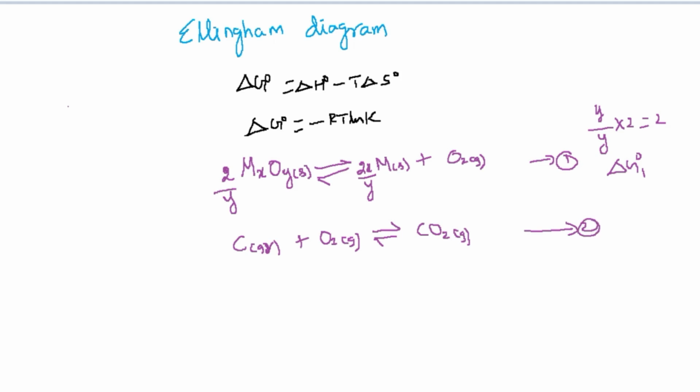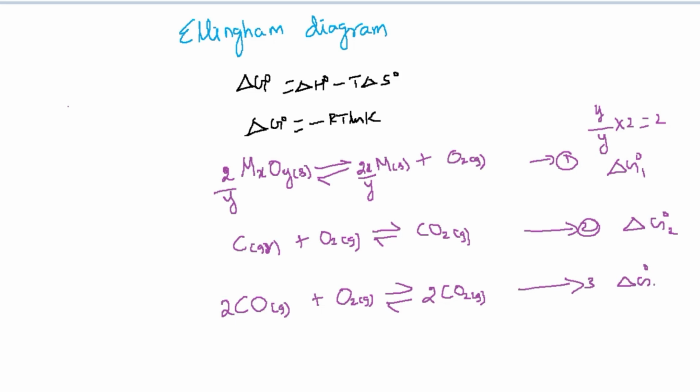Let the standard free energy change for this reaction be delta G naught 2. Then formation of carbon dioxide from carbon monoxide. Since we keep 1 mole oxygen constant, we have to take 2 moles of CO. But this is reaction 3 and its standard free energy change is delta G naught 3.